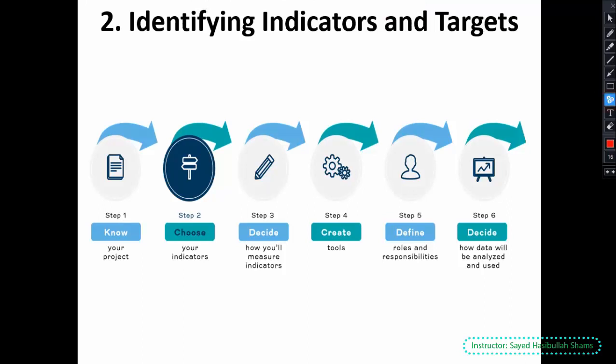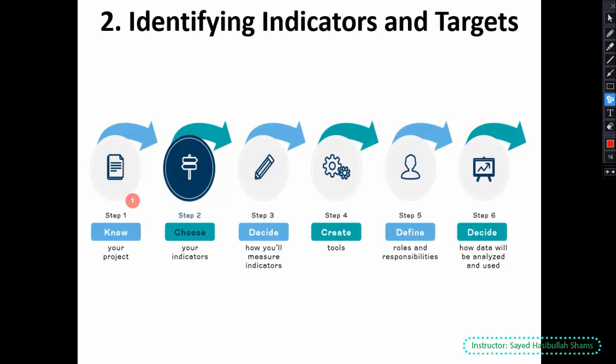As we discussed, the first step was to know the project. When we design an M&E system for our project, it's very important to understand the project, and this is the first step.